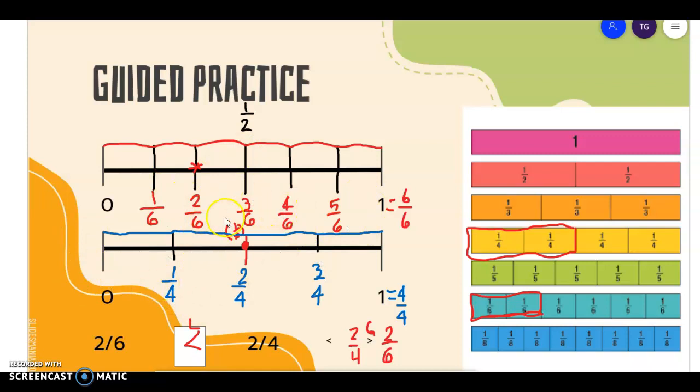If you're comparing with a number line, make sure that you're labeling your number line, you're showing the points on the number line, make sure that you're labeling your symbols and you understand that this is the less than symbol and this symbol represents your greater than symbol. And make sure that you can even read the fractions. Know that this is 2 out of 6 parts of the whole. This is 2 fourths, 2 out of 4 parts of the whole.